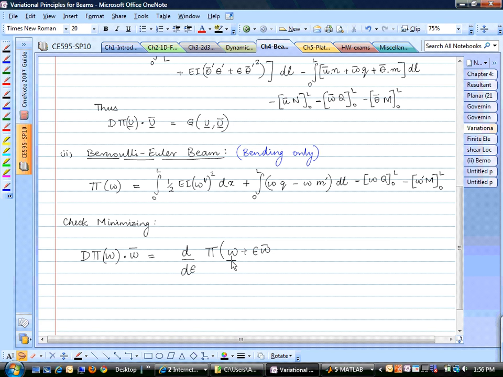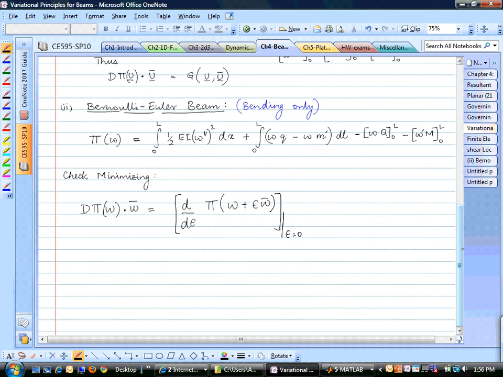So what we are saying is you take the original displacement, add a small virtual displacement to it, and then take its derivative with respect to epsilon. After you take the derivative with respect to epsilon, set it equal to 0. This is how the Gateaux derivative is defined.